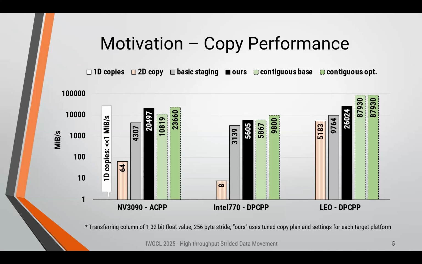The only place where this doesn't happen is on Leonardo, because the contiguous copy performance between the GPU devices there is on a completely different level, as they are directly interconnected using NVLink. But still, we get to 26 gigabytes per second there for the strided transfer compared to 5 with the native 2D copy. So that's the motivation for all that we did here.